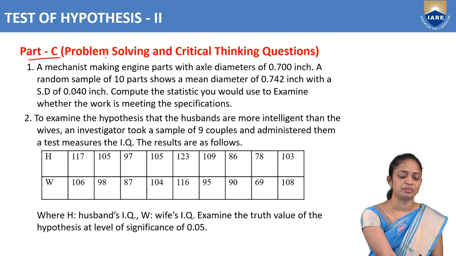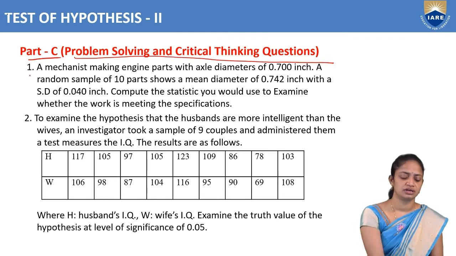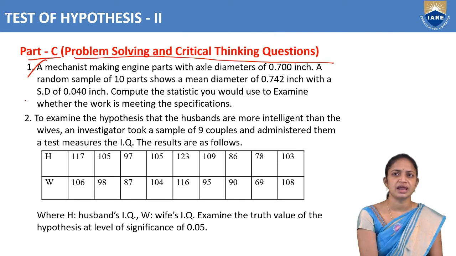Now coming to part C, problem solving and critical thinking questions. First question: a machinist making engine parts with axle diameters of 0.700 inch.